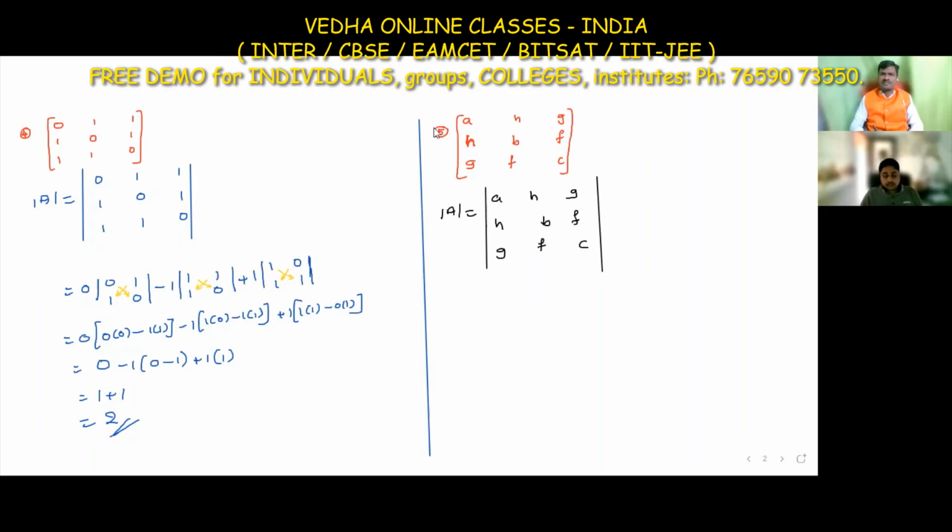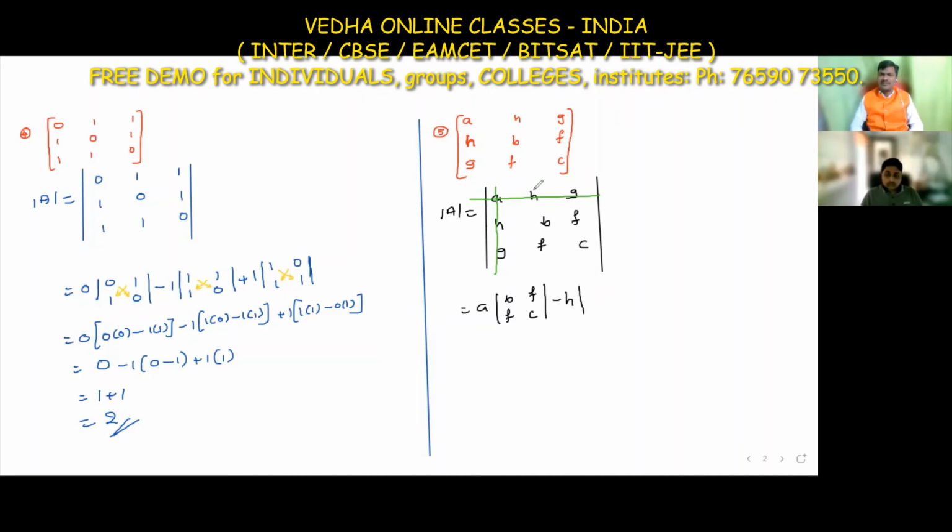Okay, how are we expanding? I am expanding along the first row. The first element is A, so we close the first row and first column. Then we get A into the remaining elements, B F, F C. The second element is H, so take minus.